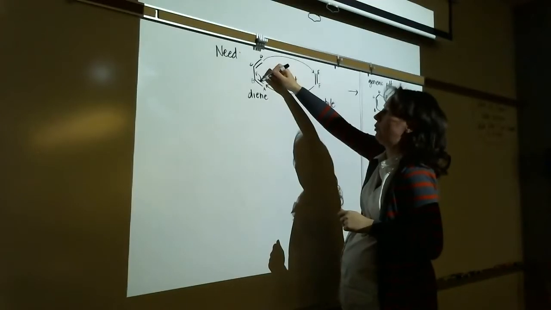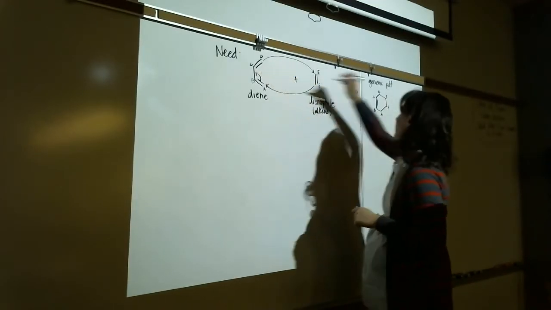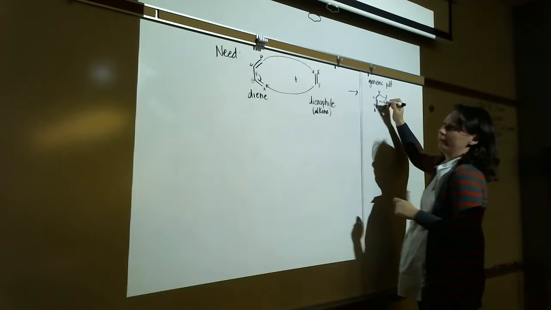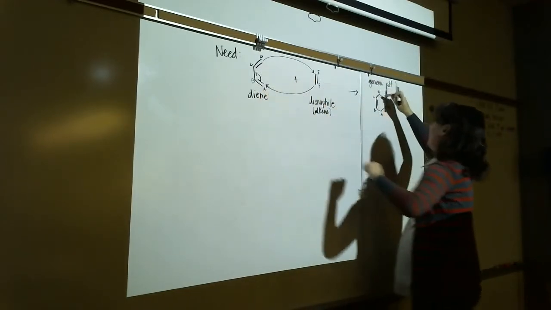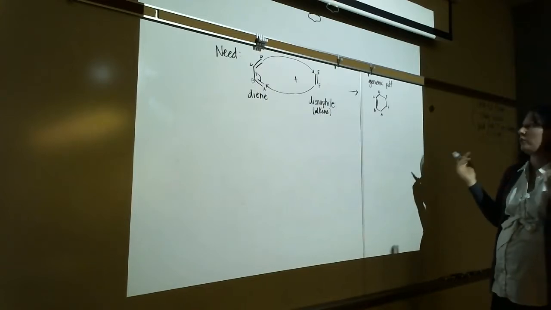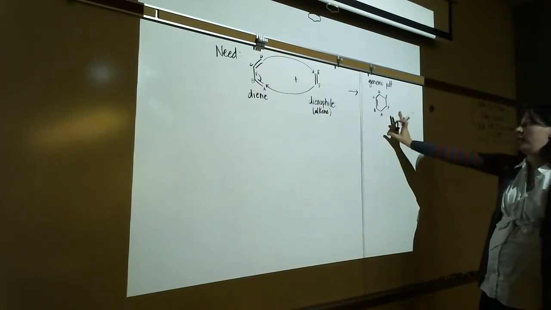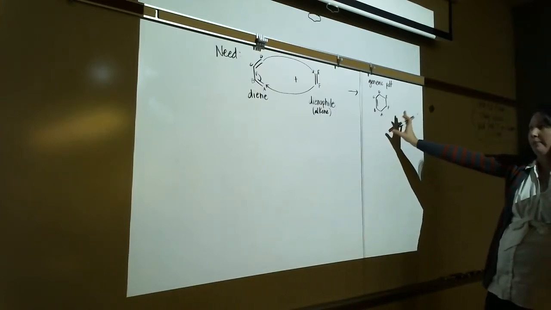This double bond gets pushed between B and C. And then this bond between D and E forms, and that's what closes your ring. So you get a generic product that's going to look like that in some way.